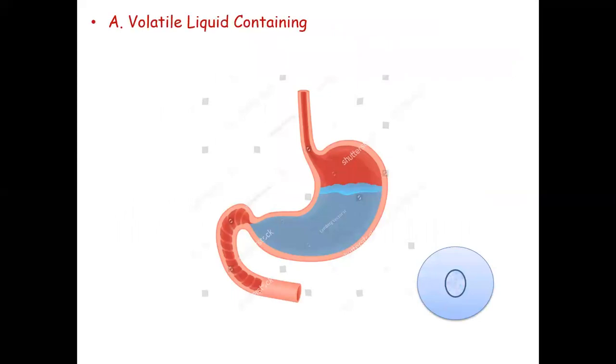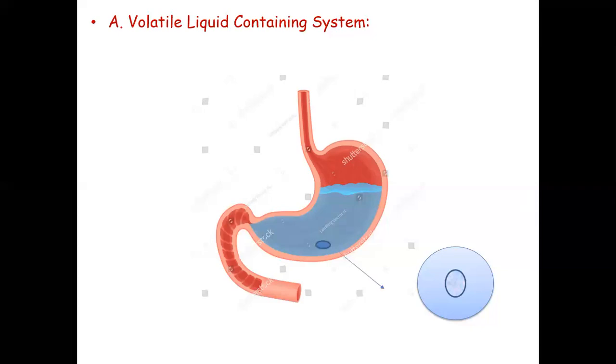Now first let us see the volatile liquid containing system. So suppose this is the drug, this is the dosage form. Once it moves inside your body, first it will settle into the gastric contents. Now, after coming in contact with your stomach, this system senses the temperature. So at this temperature, the volatile liquid which is present inside that tablet or that chamber gets converted into gaseous state.